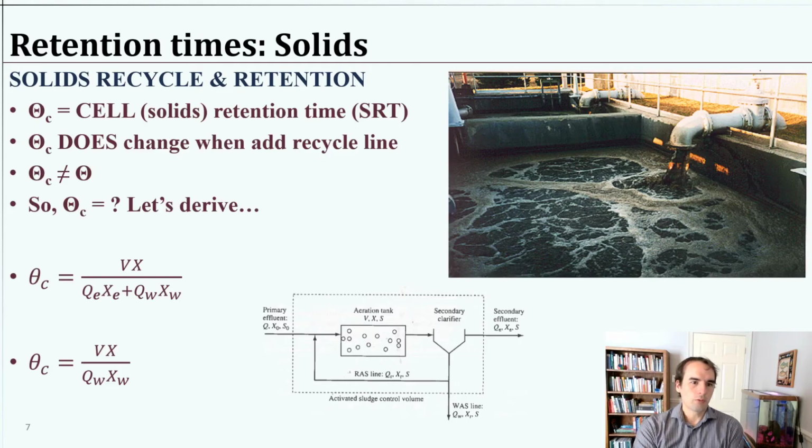So then, solids retention time, and here it looks like a waste-activated sludge line pouring into a tank here. The solids retention time is tracking how long the microbial solids stay in the system.